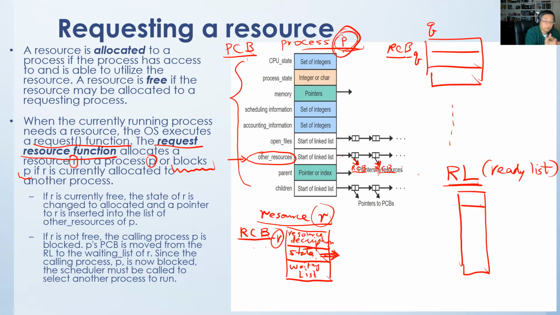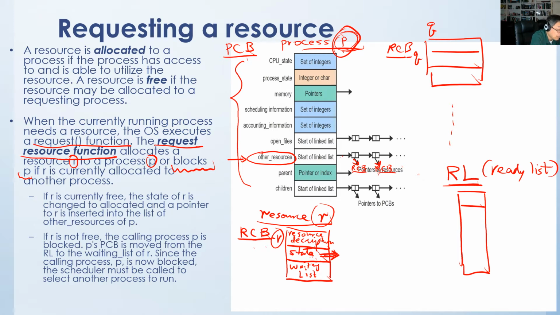If you forget the ready list, just go back to the previous slides. The ready list is a list that contains all the processes that are ready for the CPU.